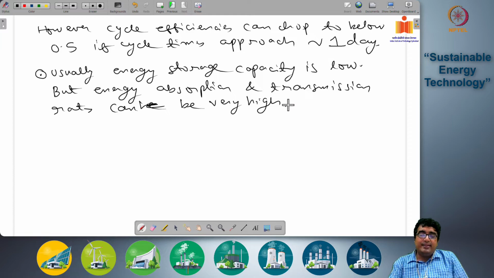So what we are saying is, even though it is absorbing relatively small amounts of energy, the rate at which it can absorb and transmit this energy back to the main system can be quite high. So even if it absorbs say 100 kilojoules for example, it can absorb and transmit this 100 kilojoules within a time frame of a second or a fraction of a second. So you can have very high power absorption and power generation, power transmission rates for such flywheel systems. Okay.